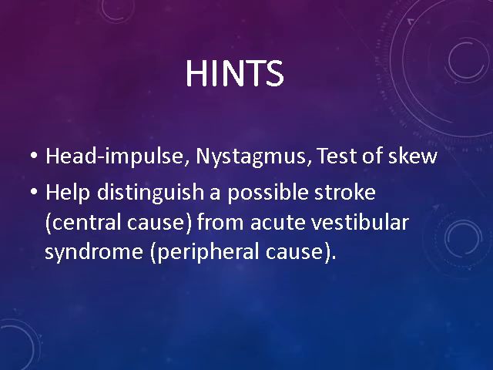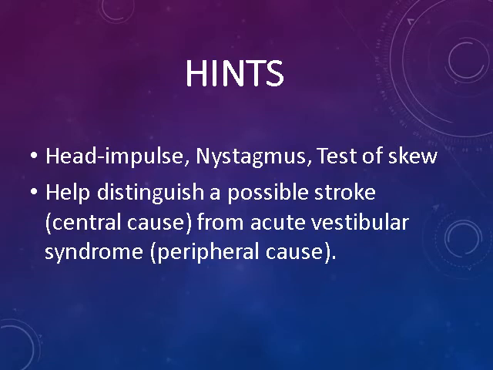What does skew deviation mean? It is a vertical ocular misalignment. How do we test for it? With the alternate cover test. The test of skew deviation is identified as a central sign of posterior fossa pathology.